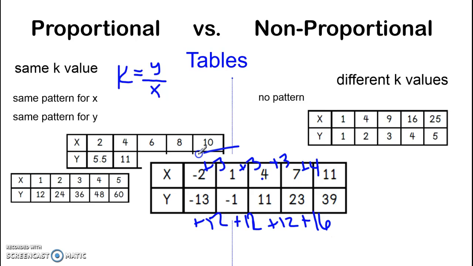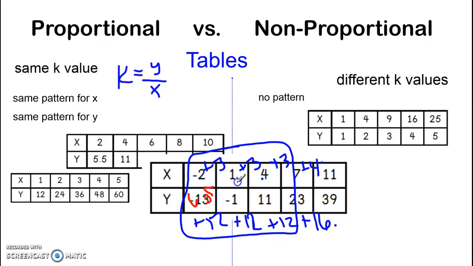So we have these that all have the same pattern, but then we've got 4 and 16. Now, I can't rule that out yet because I could find the same K value for all of these. So pulling out the calculator, we're going to do 13 divided by 2, and we get 6.5.